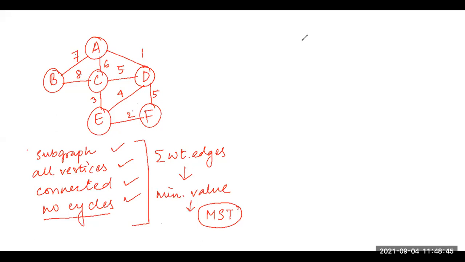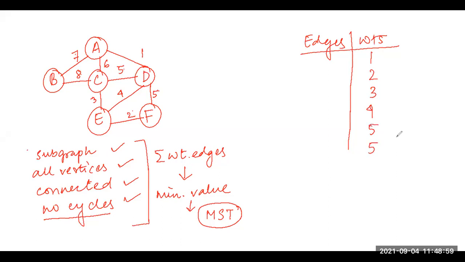Right? So the edges and the weights. Weights are 1, 2, 3, 4, 2 times 5, 6, 7, 8.